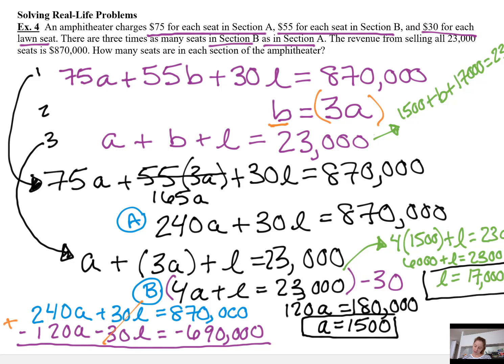Now I combine 1,500 and 17,000, and I get 18,500 plus B equals 23,000, and I get that B equals 4,500.